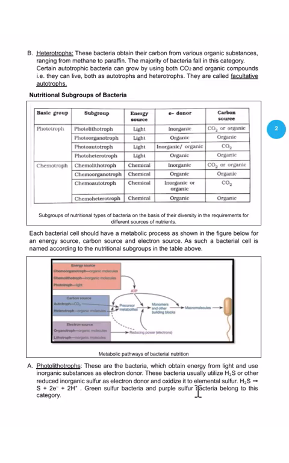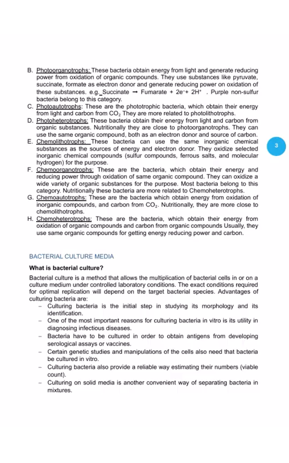Again, it is called photolithotrophs since it uses inorganic compounds as electron donors. So the second type of bacteria is the photoorganotrophs, and this, as its name indicates, uses light as a source of energy, but it uses organic compounds as electron donors.